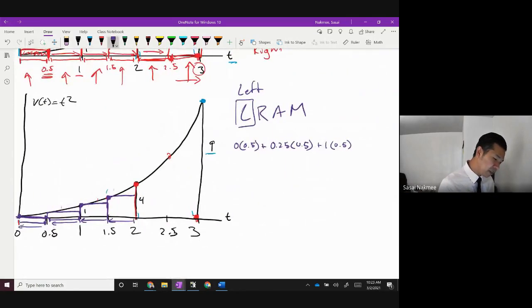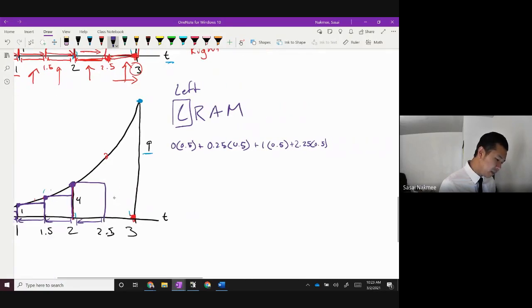So this is 1.5 squared, which is going to give me a value of, you guys told me 1.5 squared is 2.25, right, times 0.5 right there. The next one right here is going to be at 2, and it's going to go to here, for this guy, because it's on the left side. And that's going to be plus 4 times 0.5. And then this one right here is going to be the last one.